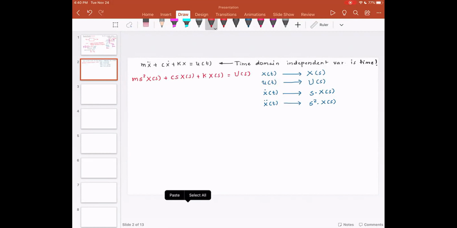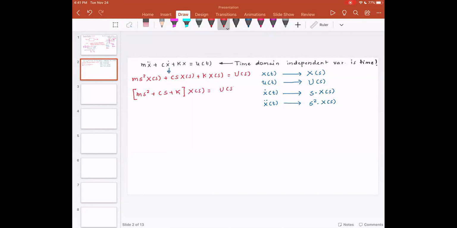Clearly, x double dot, which was the time derivative, has now become s square x of s, which is nothing but an algebraic relationship. So what I can do now, which was not possible earlier, and this is super important, is take x of s common outside, and I have u of s on the other side.